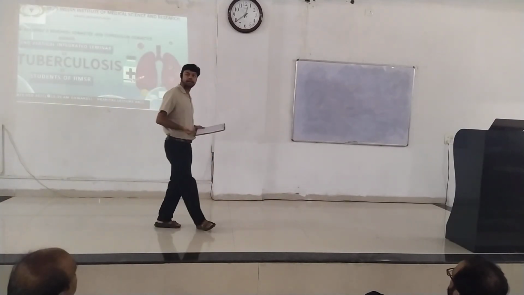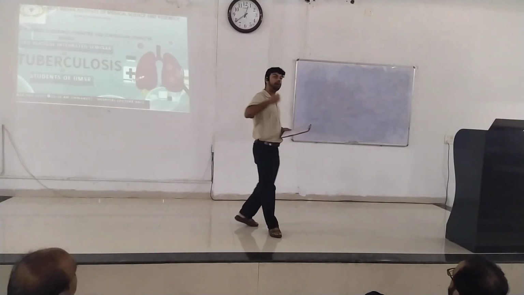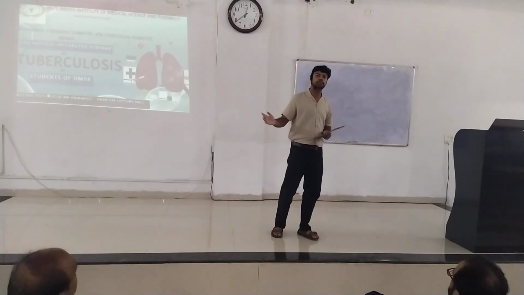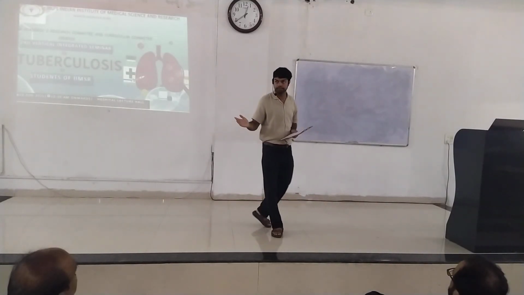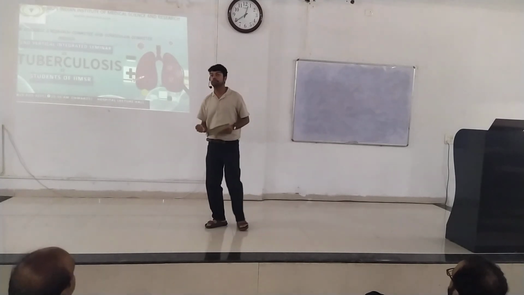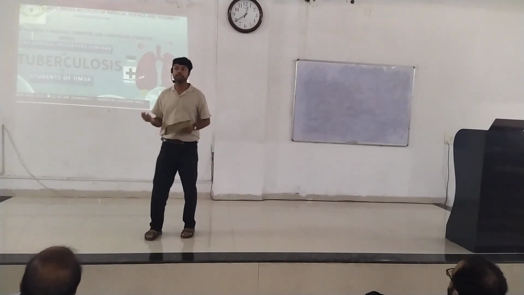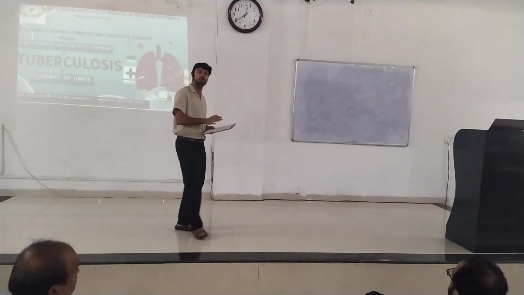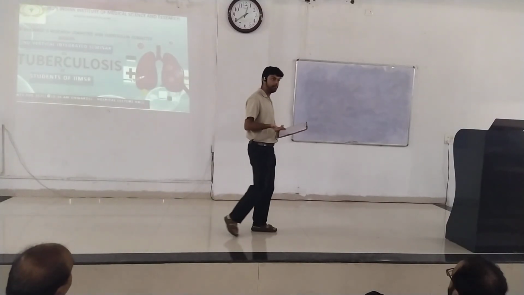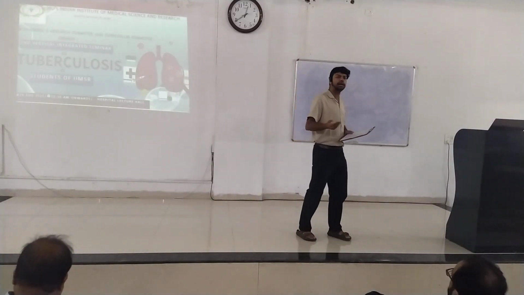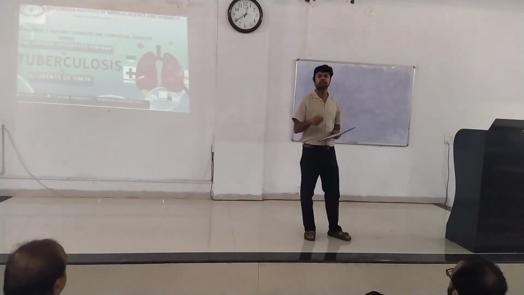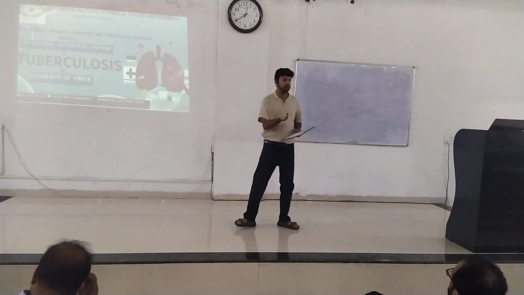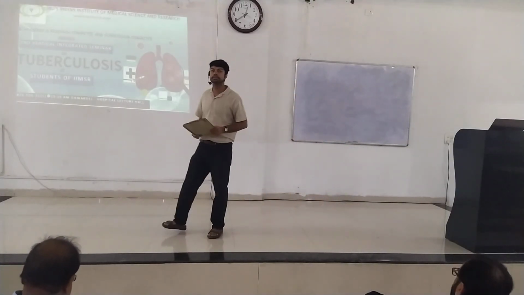Apart from that, of course, weight loss, appetite loss, then you have extrapulmonary TB, which comes with a whole spectrum of signs and symptoms. In extrapulmonary TB, some of us might expect constitutional symptoms to be very common, but that also depends on the immunocompetent status of the patient. In many extrapulmonary cases, you might not get constitutional symptoms, what we call general symptoms.